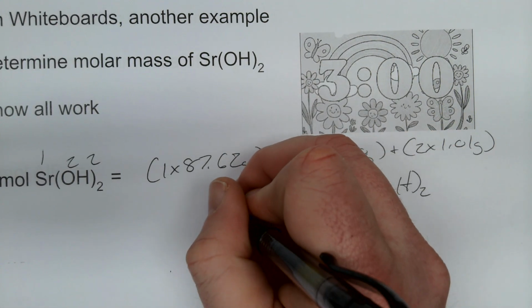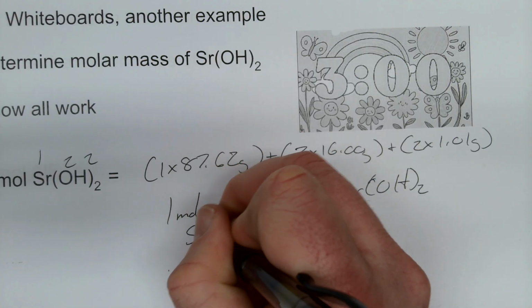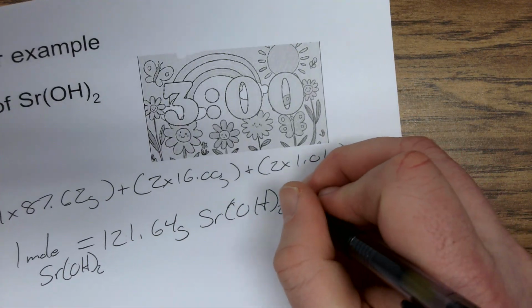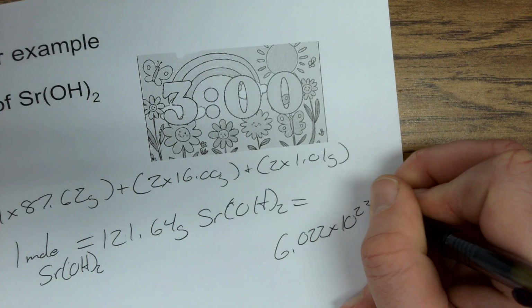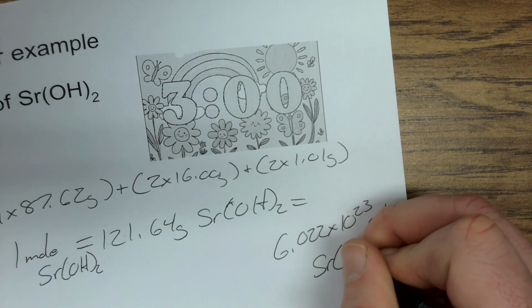That equals 1 mole of strontium hydroxide. That equals 6.022 times 10 to the 23 atoms of strontium hydroxide.